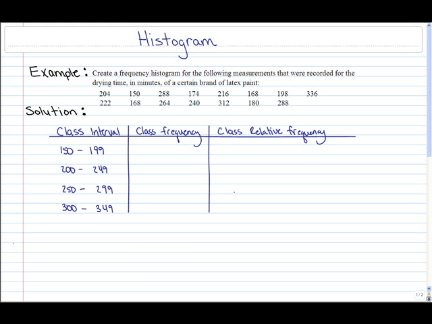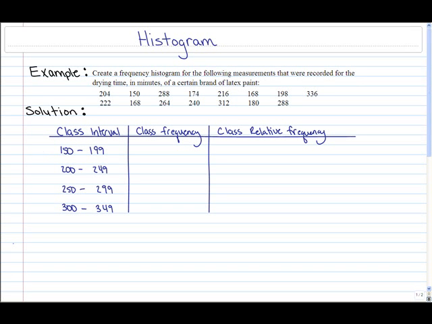So here I began to create the frequency chart. I created a column for my class interval, and then the next column is your class frequency. Now what that means is how many times do you see a value in your data points here that I'm circling that fall within, say, the first class here.